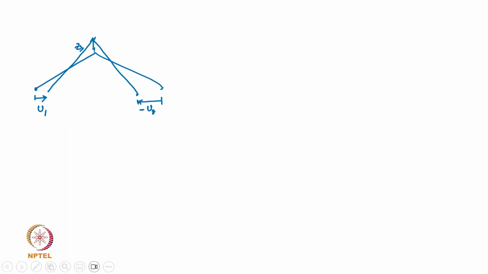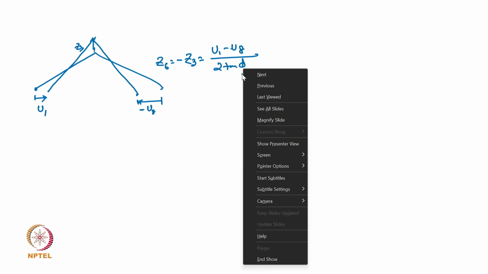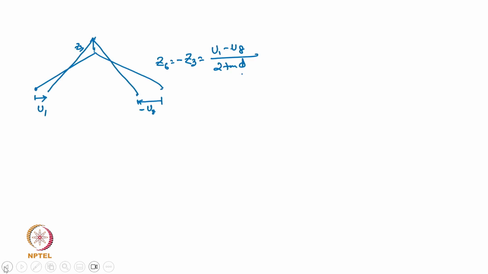This is z3. So how can we write it? We can write that z3 equal to z6 equal to minus z3 into u1 minus u8 divided by 2 tan phi.